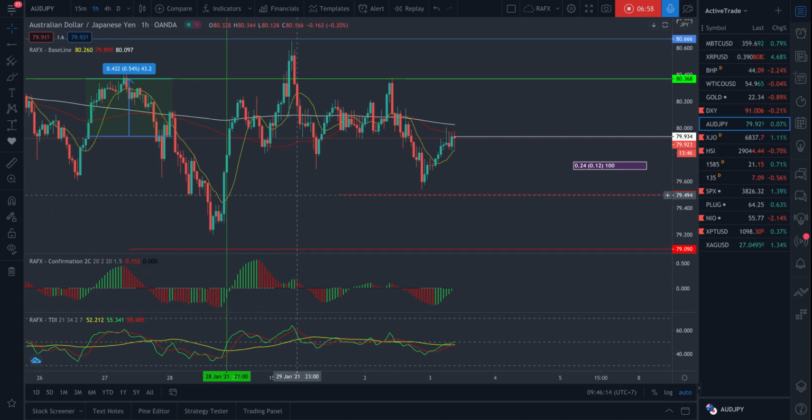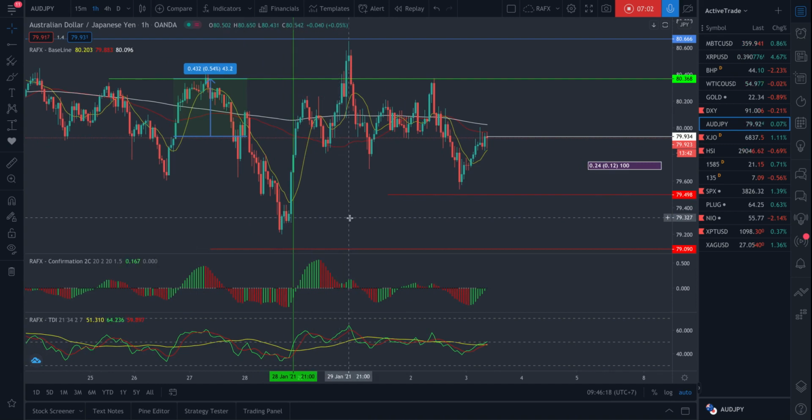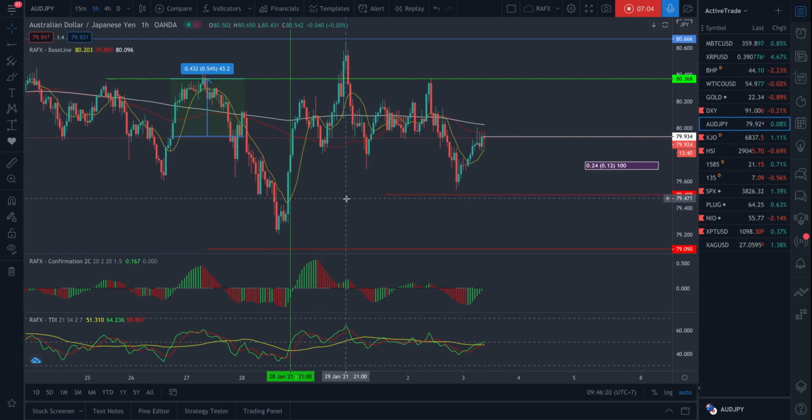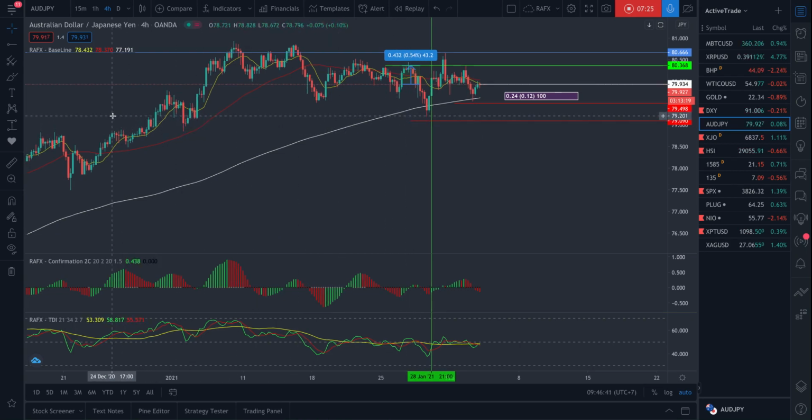I check it using the support below the support on the 1 hour, and if you notice there is another support or stop loss area. So how I came with that support is through the 4 hour time frame. So that's below the support in here.